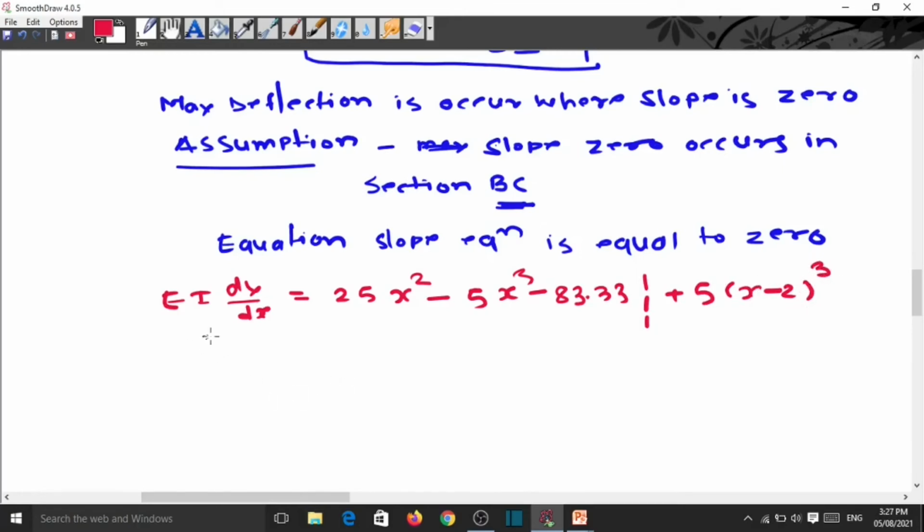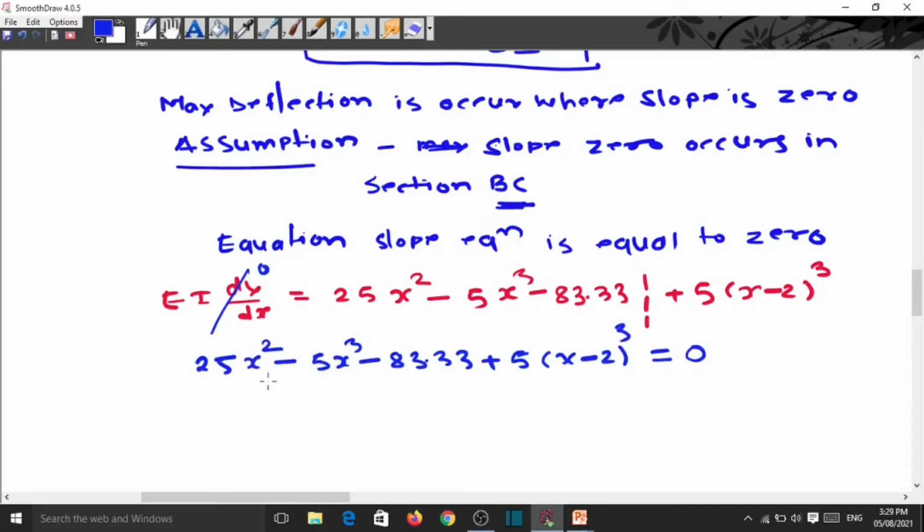Now we have to make this quantity 0. So we are equating this slope equation equal to 0. Now this we cannot directly solve. So here we have to find the value of x by trial and error method.